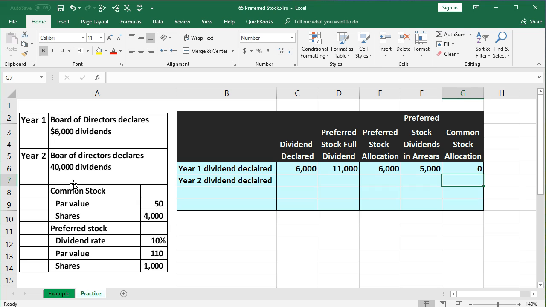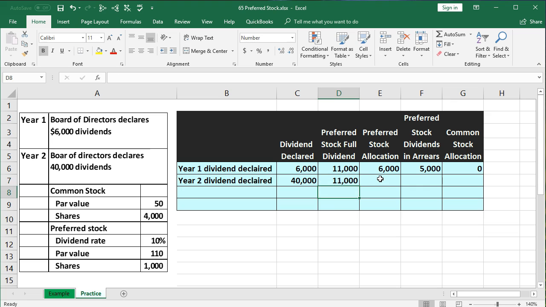So if the company does well and is now giving a $40,000 dividend, we're going to say, okay, dividends declared are now $40,000 in year 2. The company's doing very well. The preferred stock dividend is still maxing out at this $11,000 per year, which remember is the 1,000 shares times the 110 par value times the dividend rate, 0.1, 10%.